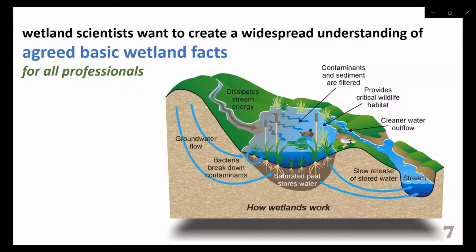So coming to the wetland scientists and the wetland subjects, we obviously do want to create a widespread understanding of what are those agreed basic wetland facts. We have here an illustration of a basic wetland scheme.